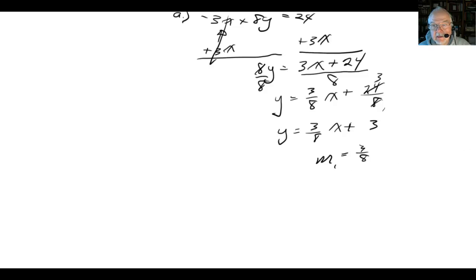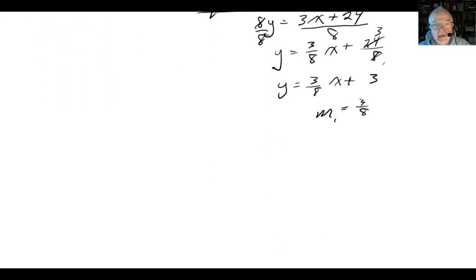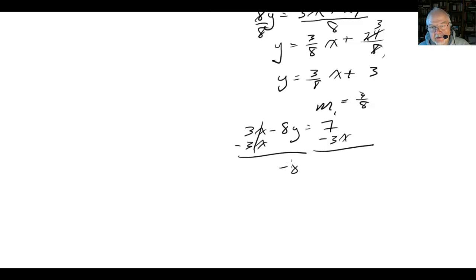And we might want to call that slope 1. Now let's go to slope 2. So we have 3x minus 8y equals 7. All right, we're going to do the same thing. This is in the wrong place, so we get rid of it by subtracting 3x. Do it to one side, you have to do it to the other side. That's 0. This is minus 8y equals minus 3x plus 7.